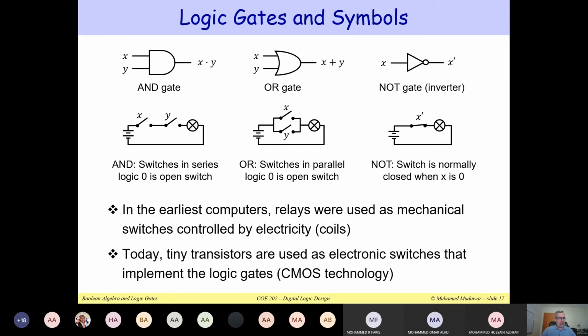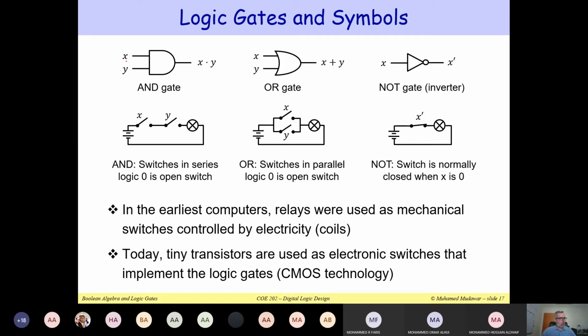So you can control the opening. This is not like a mechanical switch in which you use your finger to switch it on or off. No, it is an electronic switch, and it is controlled by electricity, by applying a small voltage on the X input.